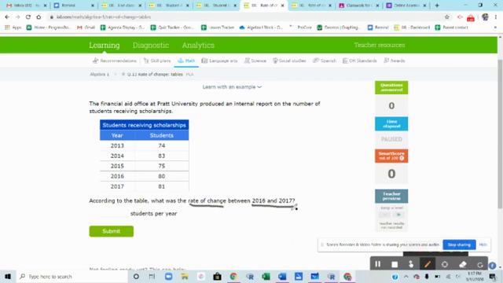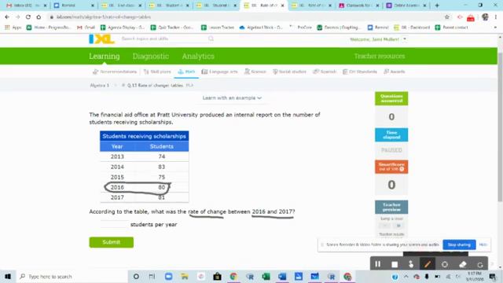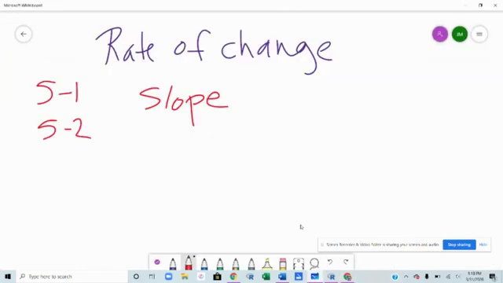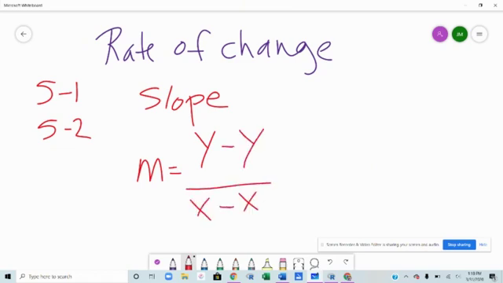So when you're doing these questions, you want to make sure you identify what part of your table you should be looking at. So in this case, you need to look at 2016 and 2017. Okay, and then you can just find your slope, which, if you recall, your slope formula is y minus y over x minus x.